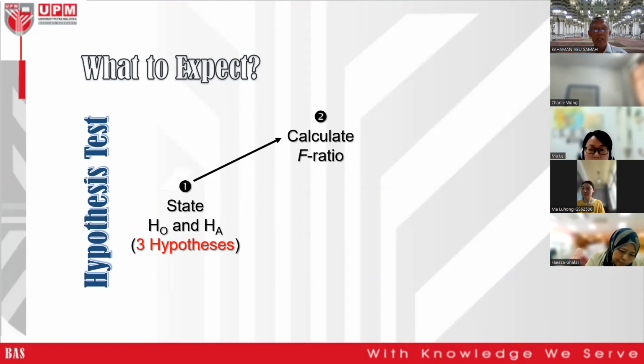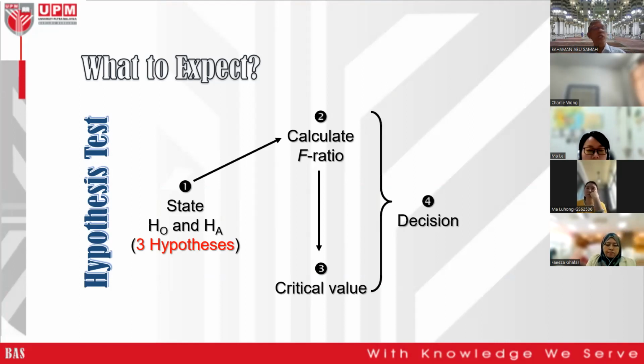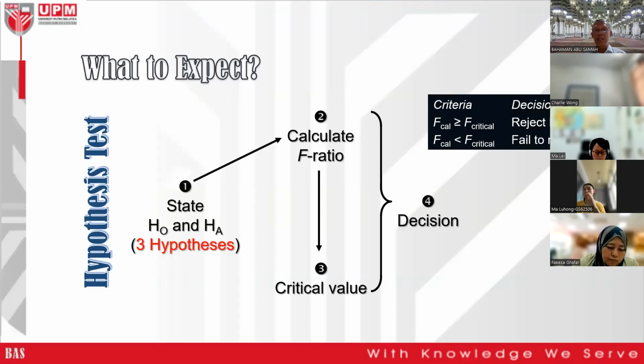That means in step number 2, we are going to calculate our F ratio. If you have 3 hypotheses, we need to calculate 3 F ratios. Then step number 3 is to determine the critical value. Then step number 4, as usual, is to compare F calculated against F critical to make our decision. Our decision criteria is similar to what we did all this while.